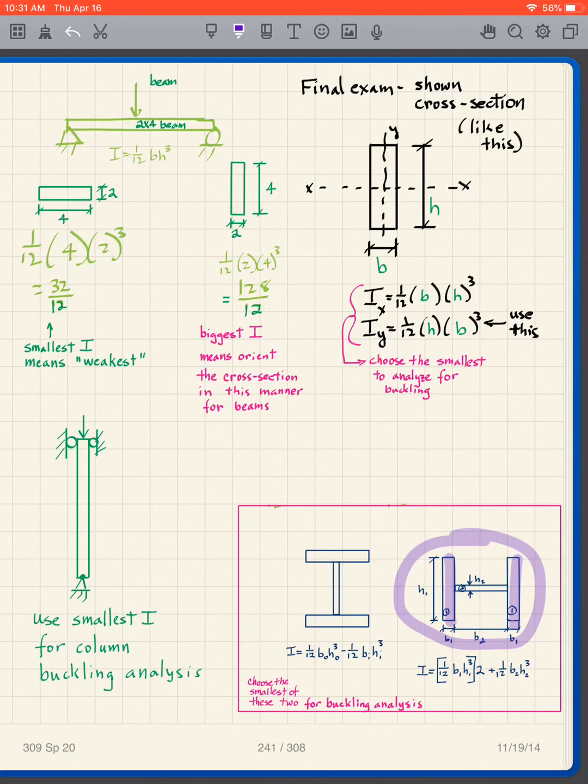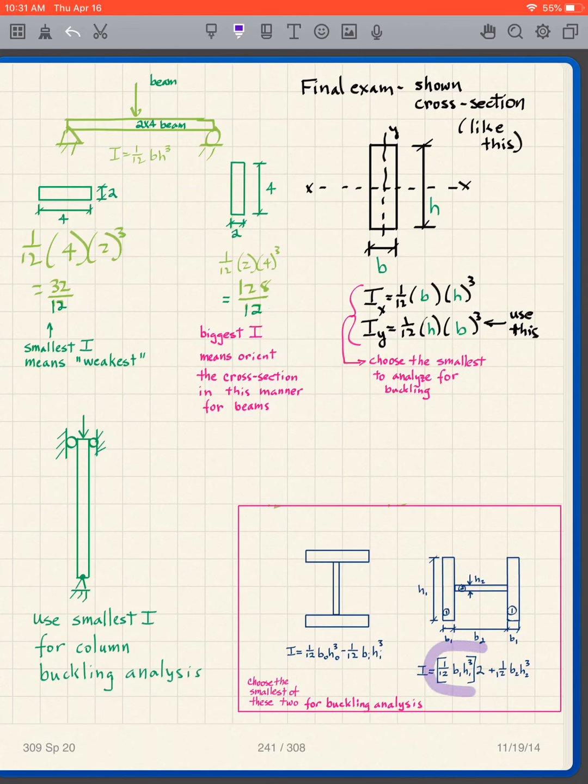Notice that the centroid of the left piece, the centroid of the right piece, and the centroid of the middle piece all lie on the centroid of the overall beam cross-section. That means the d's, d1, d2, d3, are all 0, because all the centroids line up.